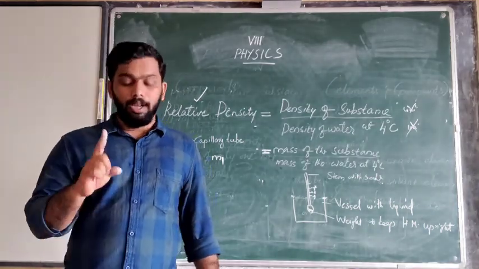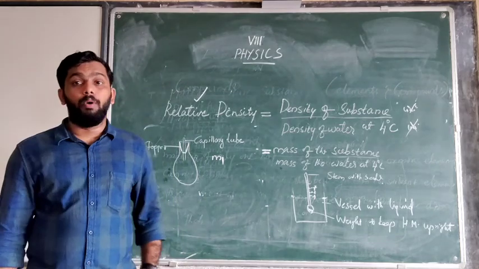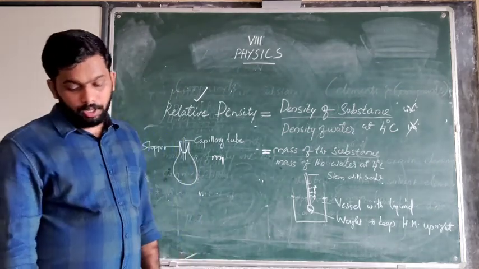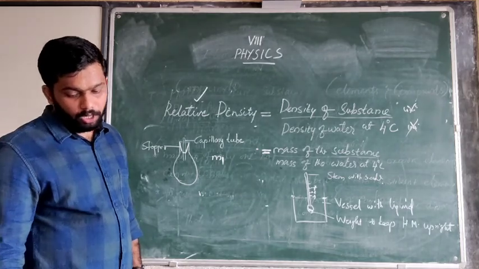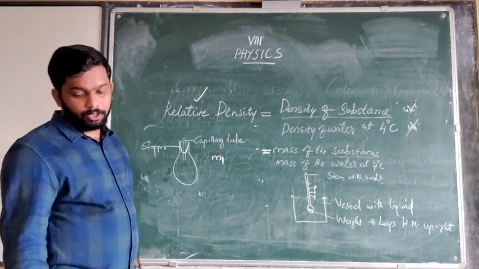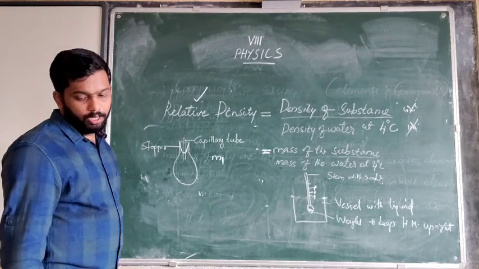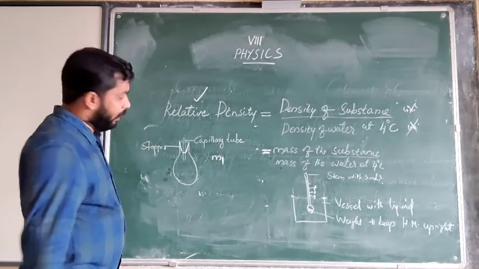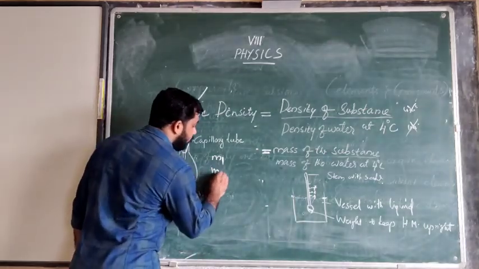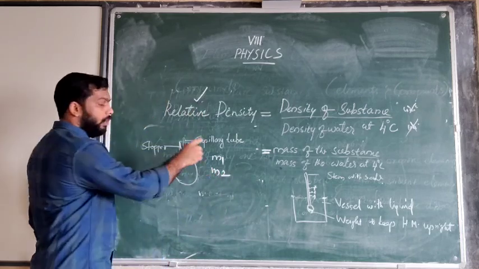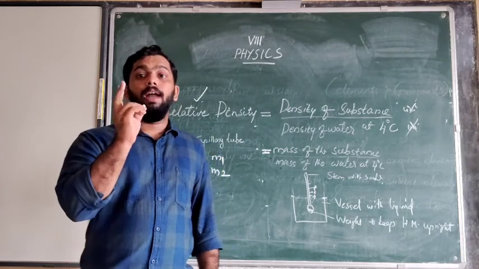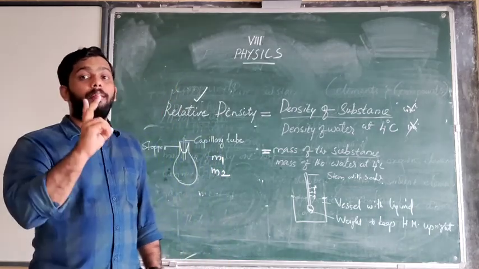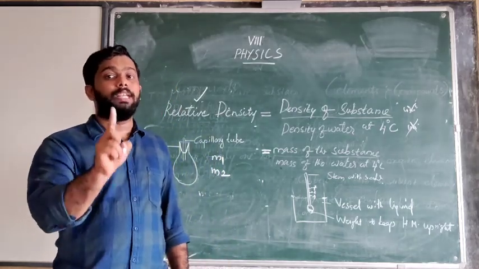Then we measure the mass of the bottle plus distilled water, and that will be M2. M1 is the mass of the empty density bottle and M2 is the mass of the density bottle with distilled water.